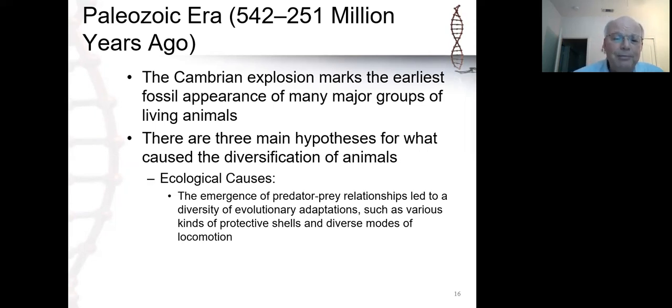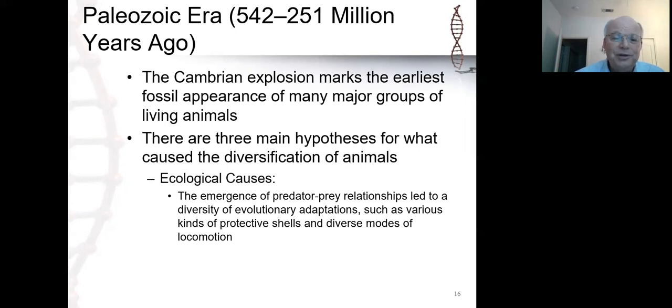When we look at what is happening in the Cambrian explosion, we see an increase in organisms that clearly either have a predatory behavior or are trying to protect themselves from predatory behavior, because we see the appearance in the fossil record of hard parts. And hard parts are characteristic of either predatory behavior or protection against predatory behavior.